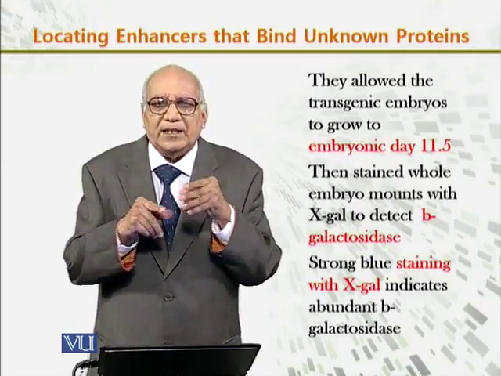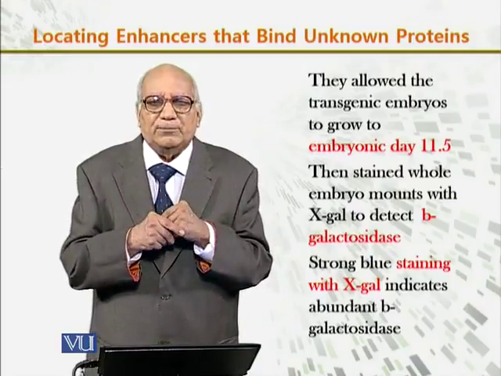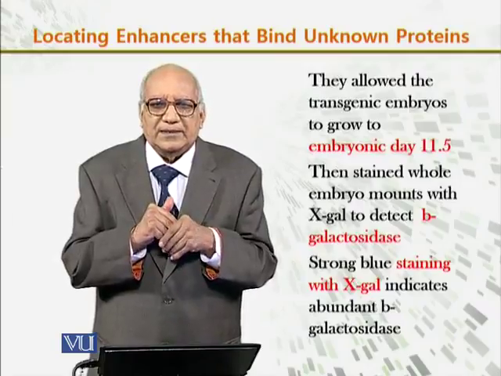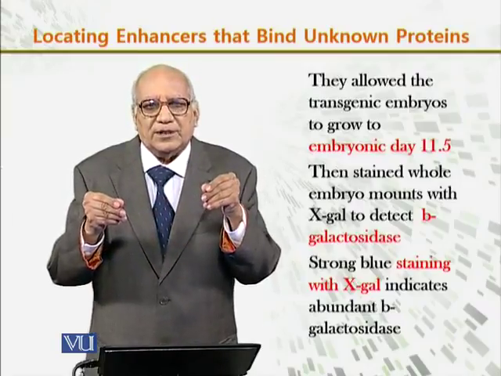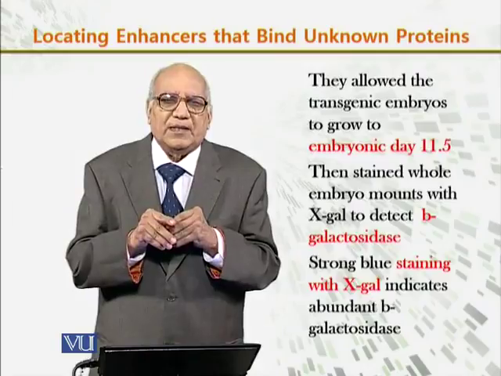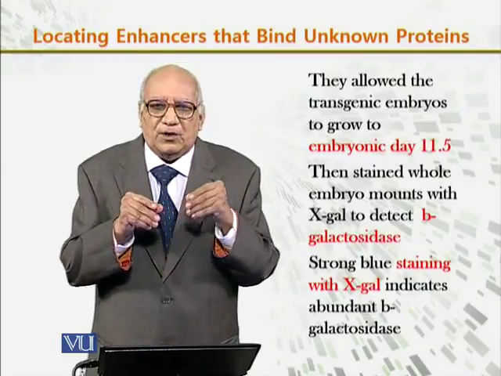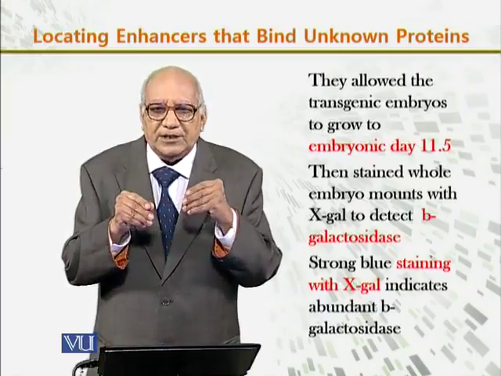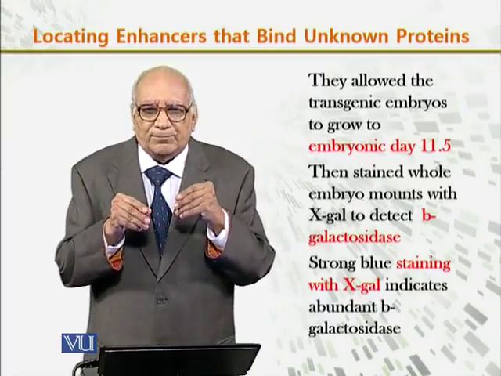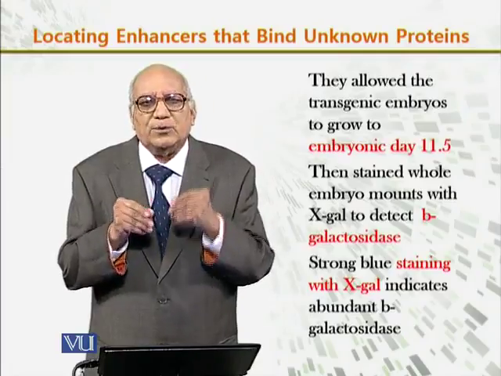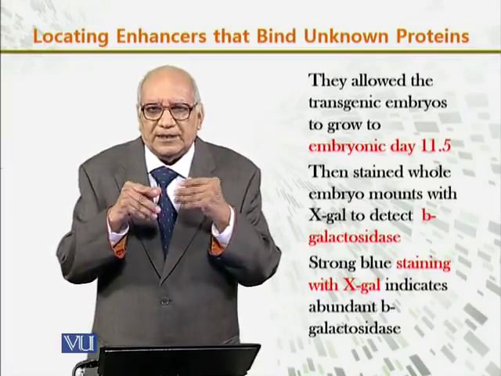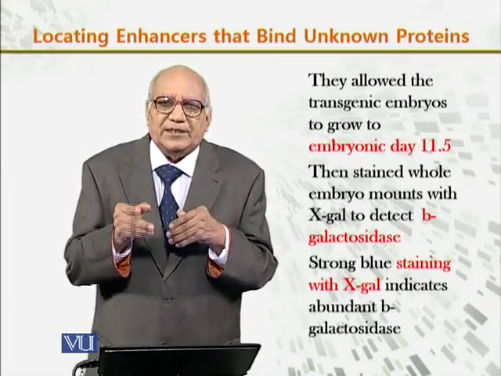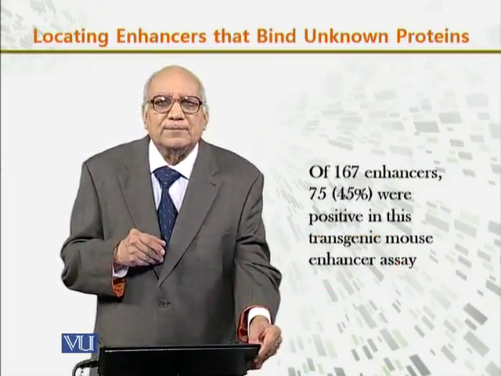Then they stained the whole-mount embryo with X-gal to detect beta-galactosidase activity. They found strong blue staining with X-gal, which indicates abundant beta-galactosidase. Beta-galactosidase produces very strong blue staining in the tissues.